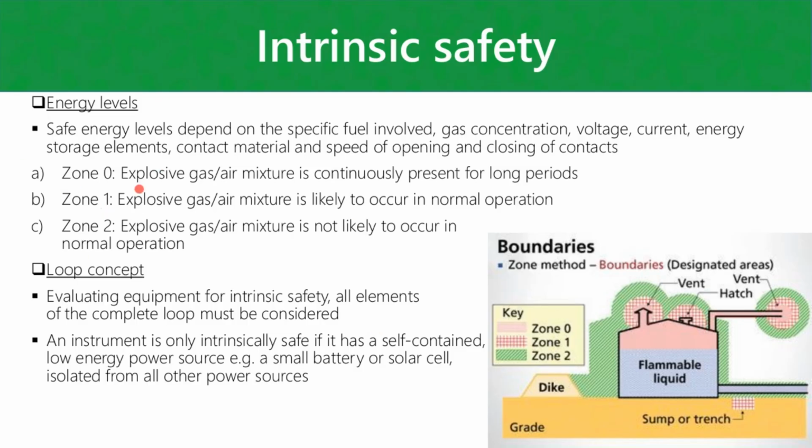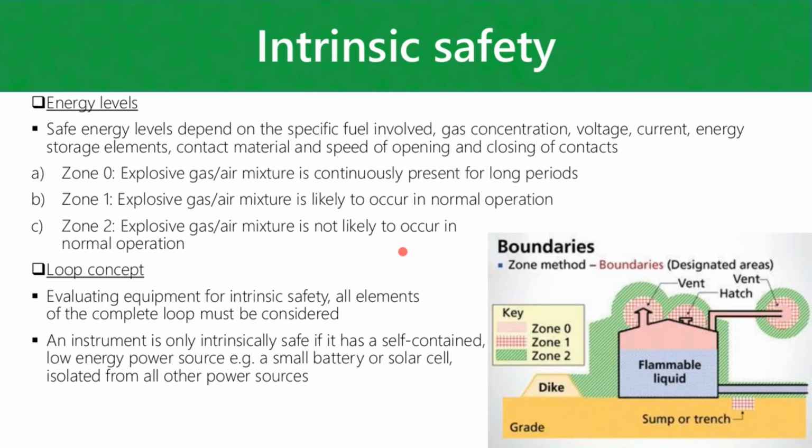Again, zone 0 is essentially where you have your hazardous area, where your gas or air or your ignitable atmosphere is going to be continuously present. Zone 1 is where your gas air mixture has a very high likelihood to occur under normal operation.